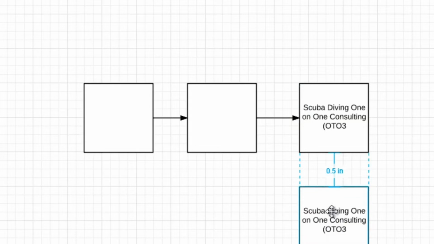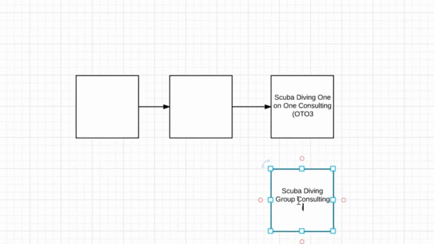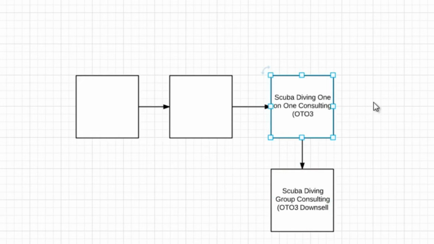So somebody could not afford that. They could have something like a scuba diving group consulting. And that can be OTO 3. We'll call that downsell. So a downsell is basically if somebody says no to this, they are then presented with this, right? So that's basically how it works.